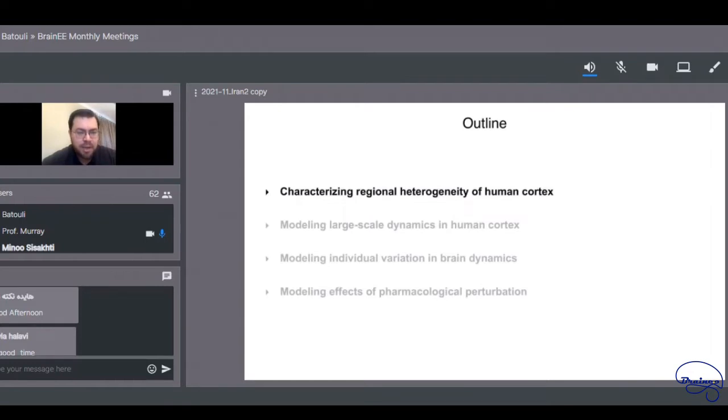Then I'm going to talk about how we can build large-scale models of, in this case, resting state BOLD activity of the human brain. We're going to see whether that is able to capture individual differences, individual variation in brain dynamics. And then we're going to apply that to look at the effect of pharmacology. How can we actually bridge from molecular to systems by simulating the local effect of a drug and how that impacts brain-wide dynamics?